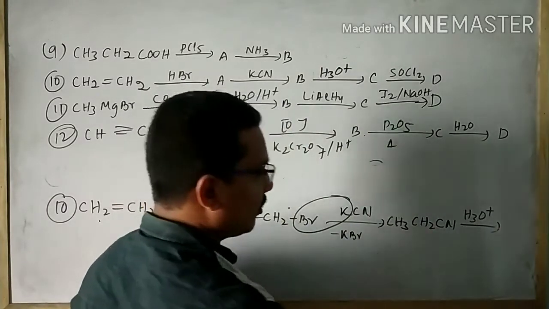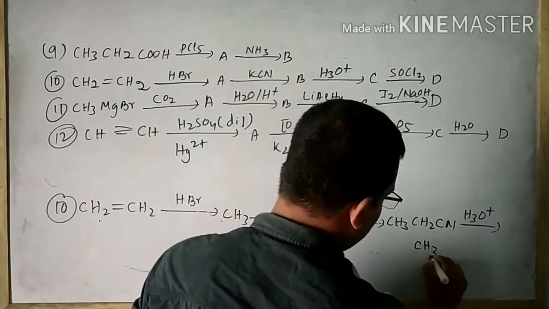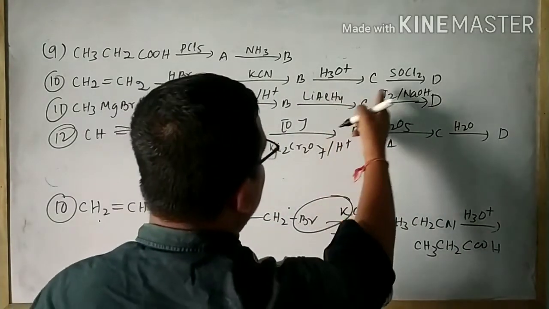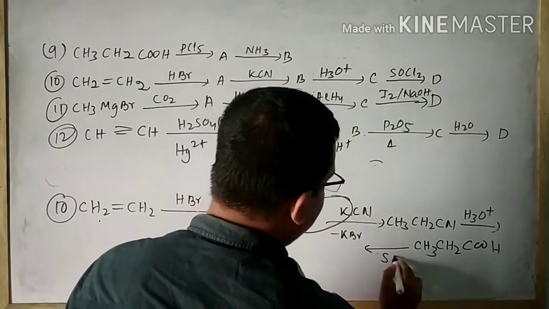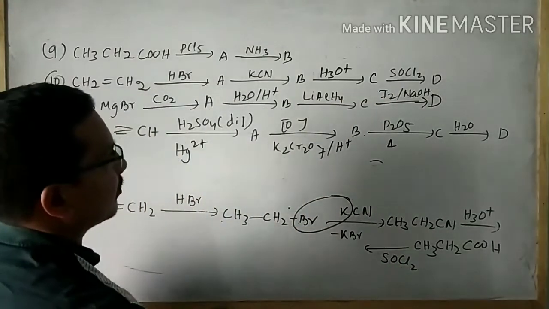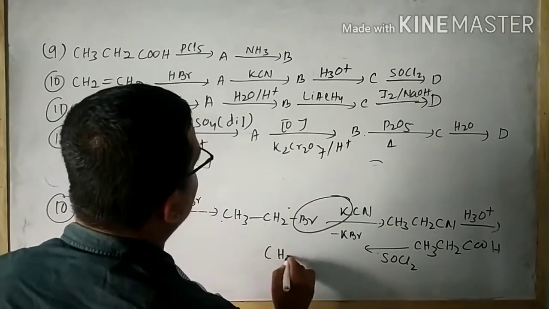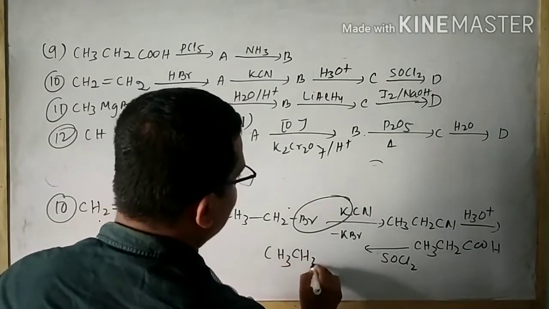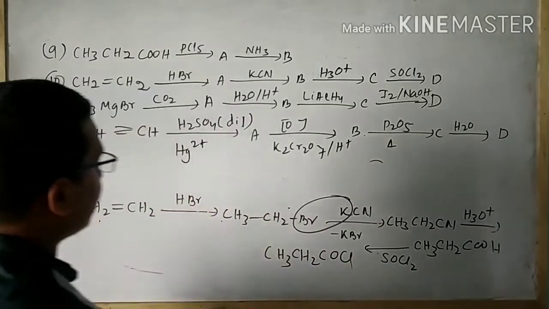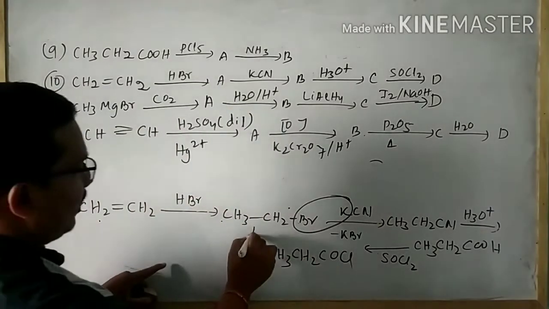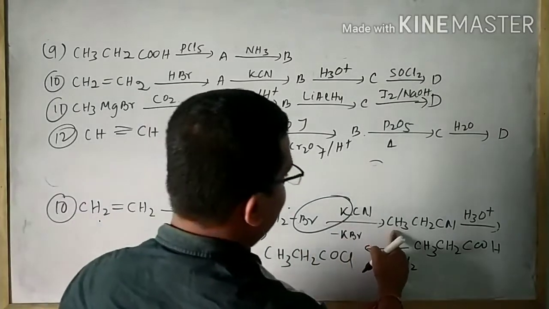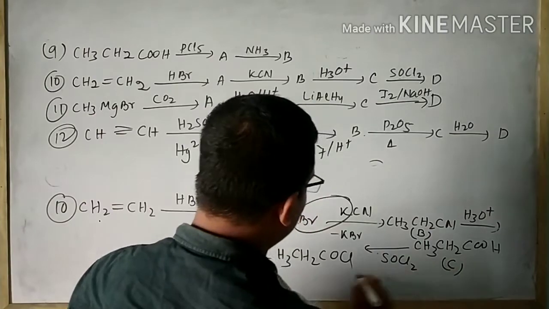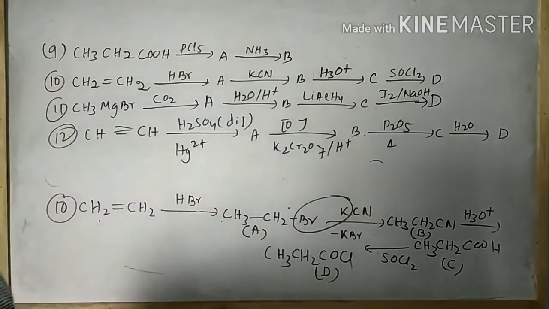CN will be converted into COOH, CH3CH2COOH. Now it is subjected to reaction with SOCl2. Then acid chloride is formed, that is your CH3CH2COCl. This is your A, and this is said to be B, and this is said to be C, and this is said to be D.